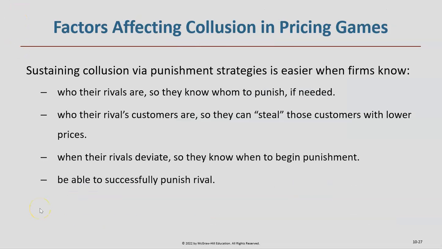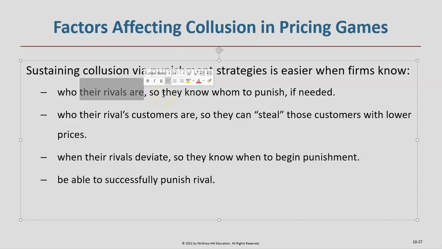Okay, so now let's think about the things that might affect collusion in these pricing games. The goal of the firms is to sustain collusion, and you can do that with punishment strategies. And punishment strategies are easier, first of all, when the firms know who their rivals are, so they know who to punish. That seems obvious.